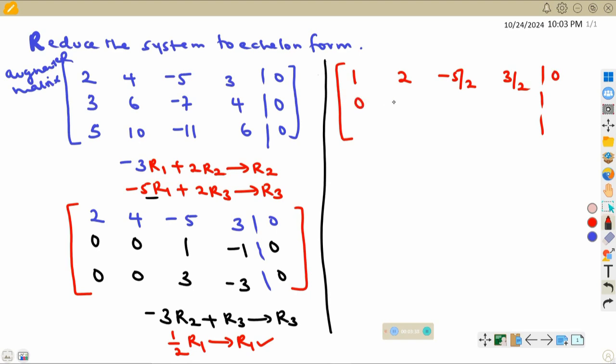Then this will remain the same, 0, 0, 1, -1, 0. Then applying this operation, -3 times 1 plus 3 will give us 0. -3 times -1 will be +3, plus -3 will give us 0. So this will also be 0.